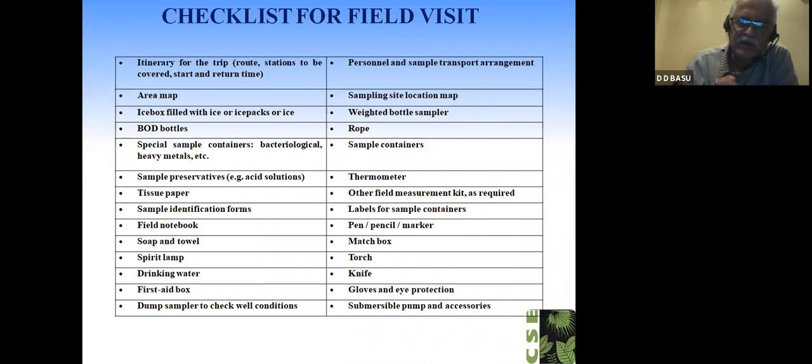Rope, sample container, thermometer, pen, pencil, marker is very good, because we write on the bottle where the samples are from. Matchbox, because you have to light the spirit lamp. Knife and gloves, and if the station is a sewage station, you should not do it by hand. You should do it with gloves.